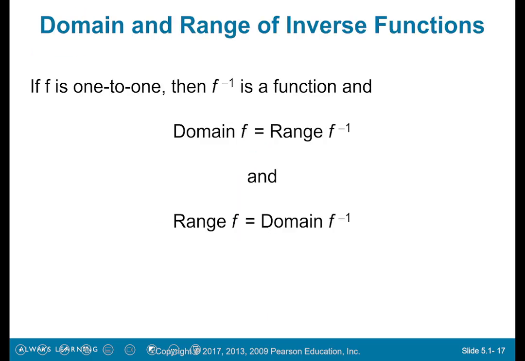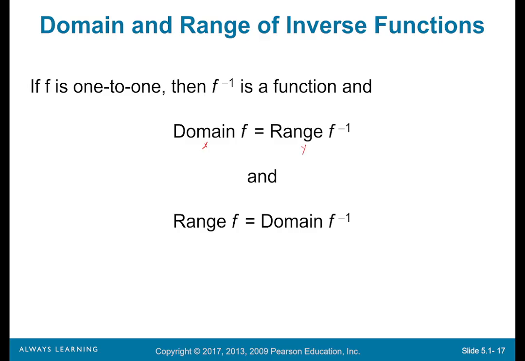So now when talking about the domains and ranges of inverse functions, they're actually not too bad to find. See, the domain of f is always going to be the range of f inverse, and the range of f is always going to be the domain of f inverse. So this should feel kind of natural because our domain is the set of all x's of f, and the range is the set of all y's of f.